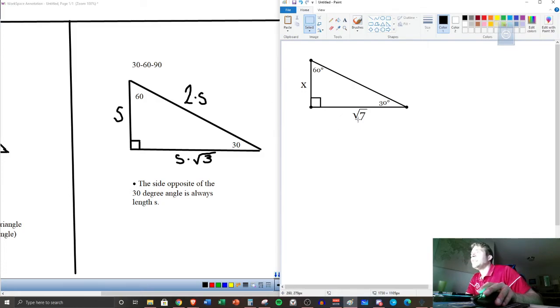So we know that this side here is equal to this one if we called this S, right? We know that this side has to be equal to this one, except it's multiplied by square root 3. Okay? That's all that we're saying here. So it's this side length, but we multiplied it by that. So all I need to do is divide by square root 3.